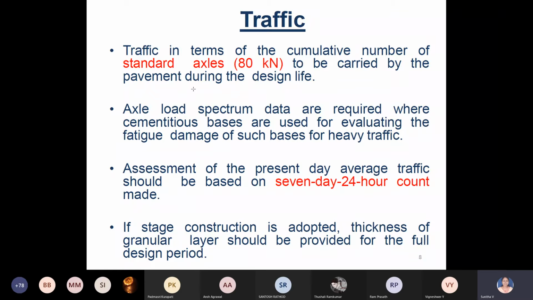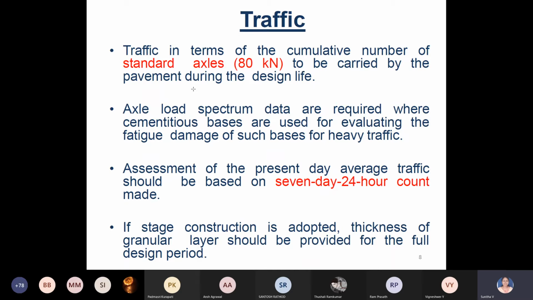You can't remove the granular layer again and again. So you give the full thickness for the granular layer, like subbase and base, for that 5000 projected traffic. But the bituminous layer can be for 2000 for the time being. Later, say after 5 or 10 years, it can be increased to what is required for 5000. Got it?